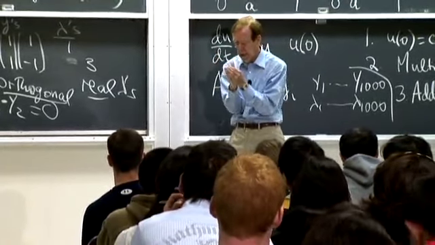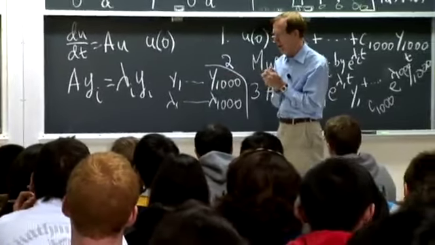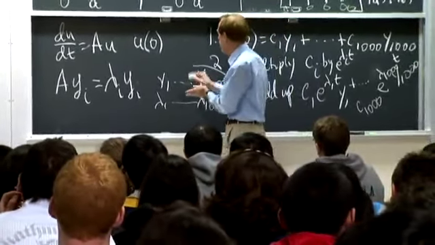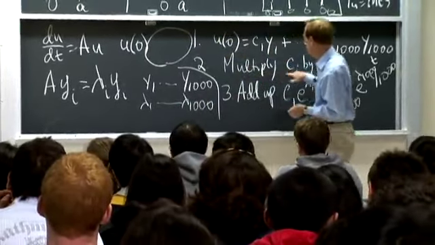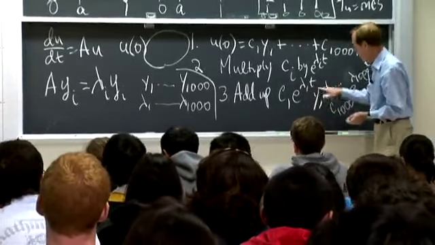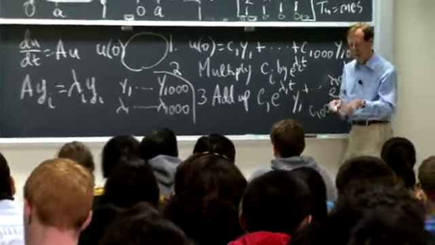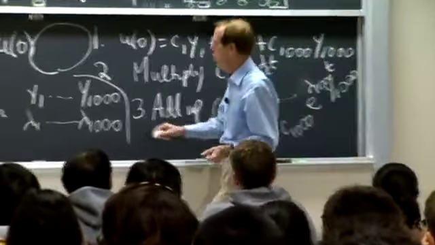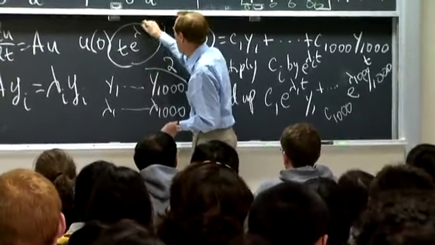When I have a double eigenvalue, then there's a high risk that I've only got one eigenvector. The e to the lambda 1t is fine, but if the lambda 1 is in there twice, I need something new. And the new thing turns out to be t e to the lambda t.